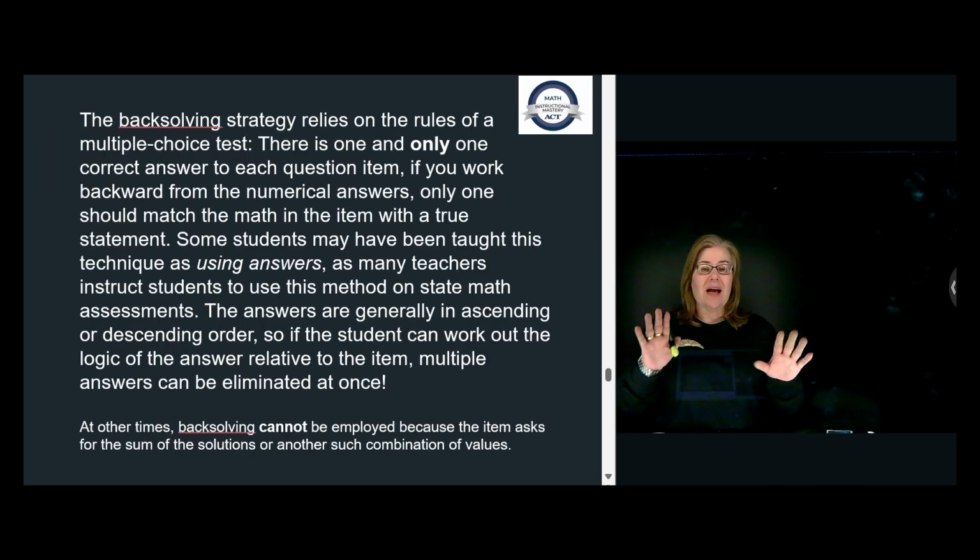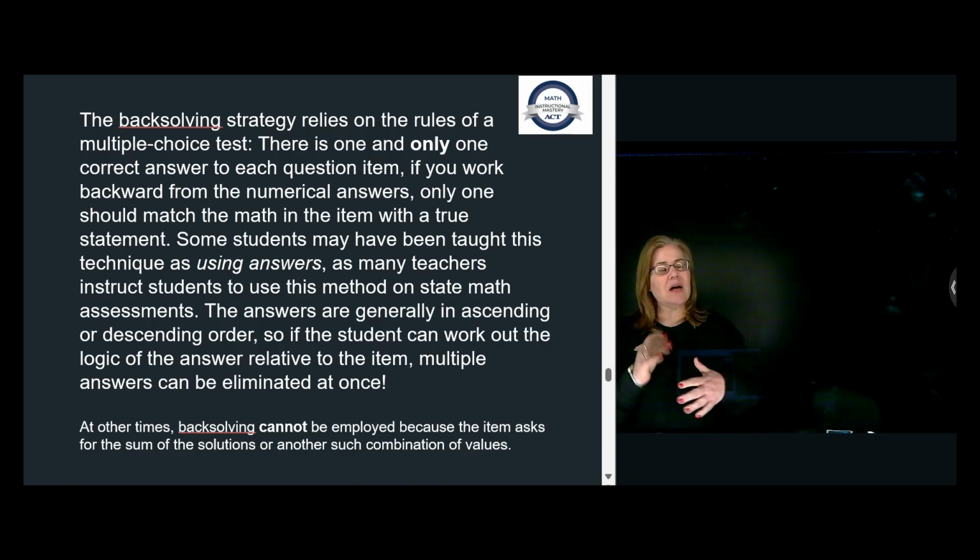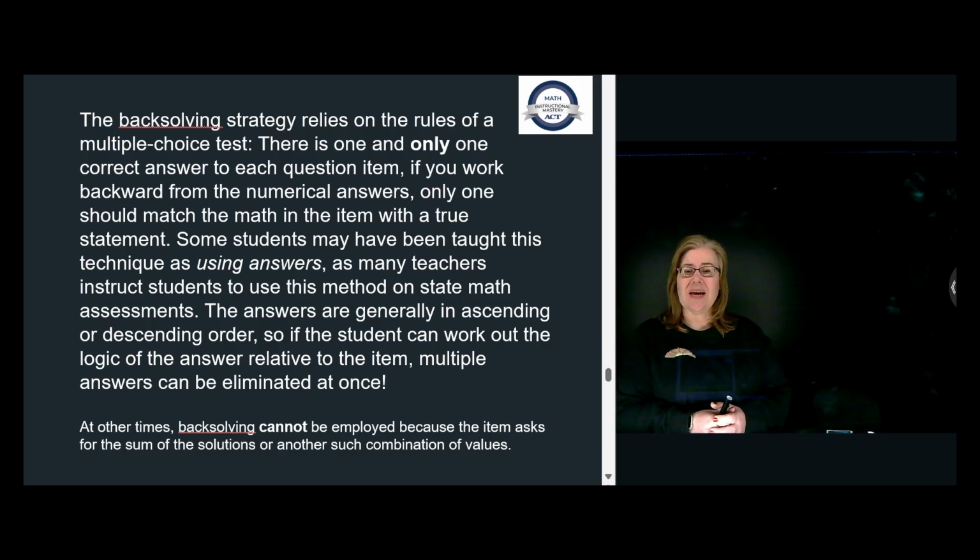So I wrote down exactly what it is. I'm just going to give you a little description about what back solving is. It basically relies on a multiple choice test, which obviously your ACT is. There is one and only one correct answer for the question item if you work backwards using the numerical answers. You can only have one possible answer. Some students are taught this with different types of math.